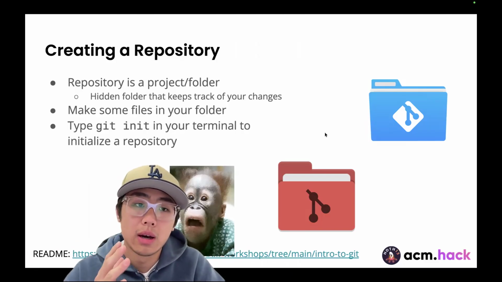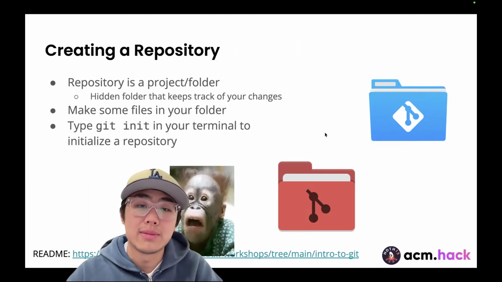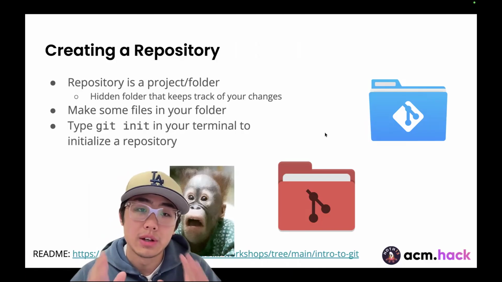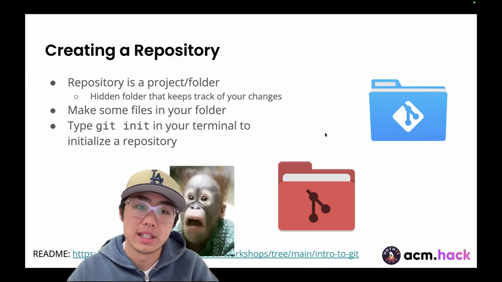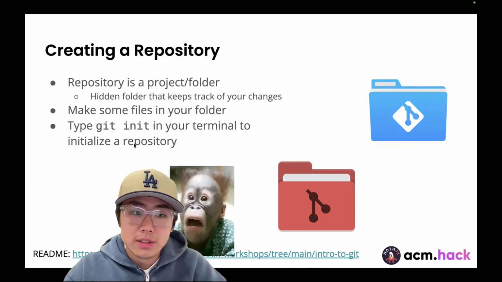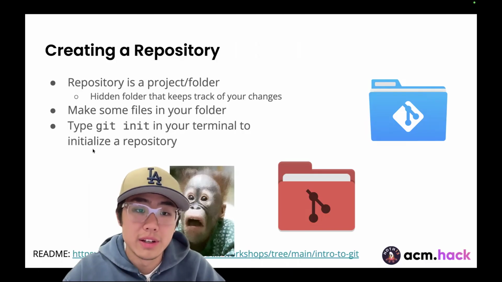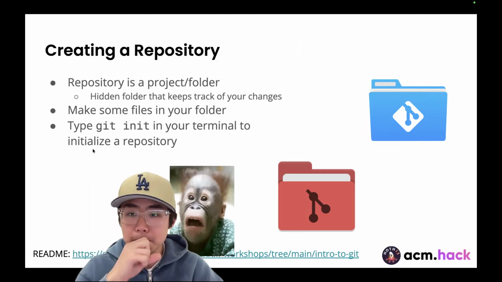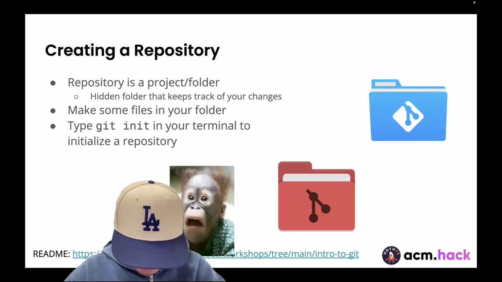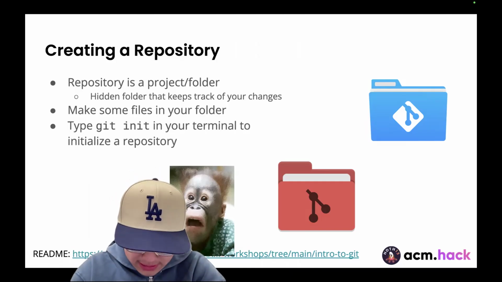If you create a repository within a folder, it takes all the files in that folder and turns it into one big project. It tells the computer, hey, I want this folder to be a project, right? So how you do that is you type git init in your terminal, and then you can initialize a repository. Okay, so let's take a look.